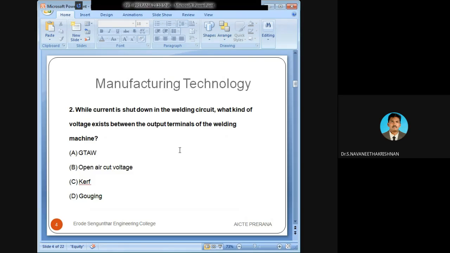The third, option C, is KERF. The fourth is GOUGING. Which one is the correct answer? Tell me that. The open circuit voltage is the correct answer.